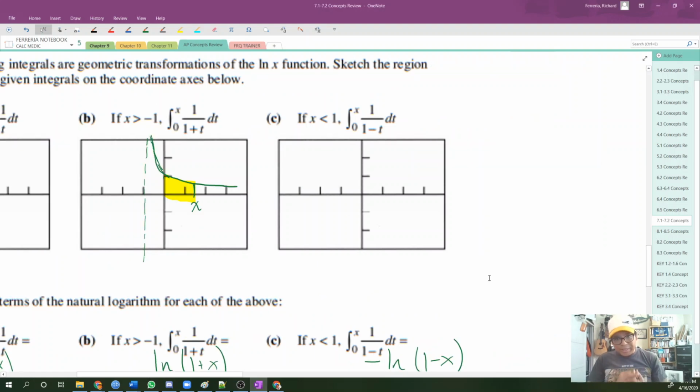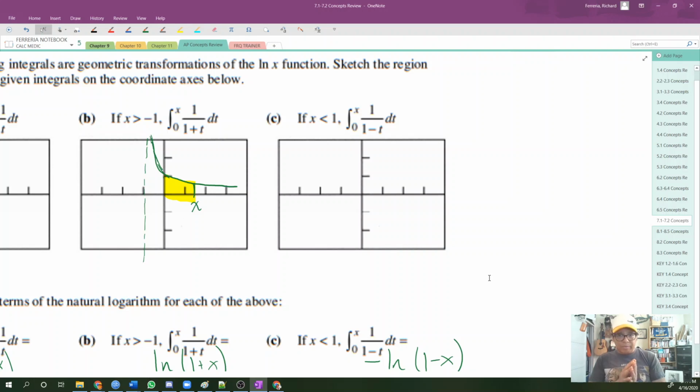As you can see, that's the same thing as the graph of 1 over x or 1 over t. We're just shifted to the left 1 unit. Our lower limit of our integral is 0, our upper limit is x. So we know x is a positive number, and that is what we're looking like.